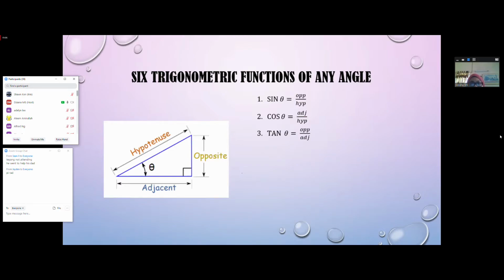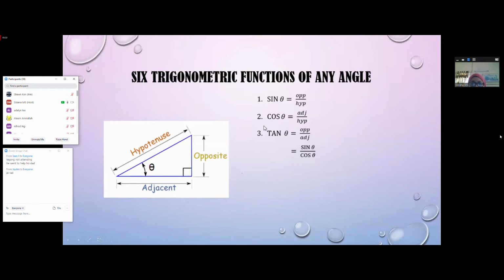Okay, you still remember this one? But for tangent theta also, for AddMath, you must always remember that tangent theta is also sine theta over cos theta, which is opposite over hypotenuse divided by adjacent over hypotenuse. Get rid of the hypotenuse, you get back opposite over adjacent.